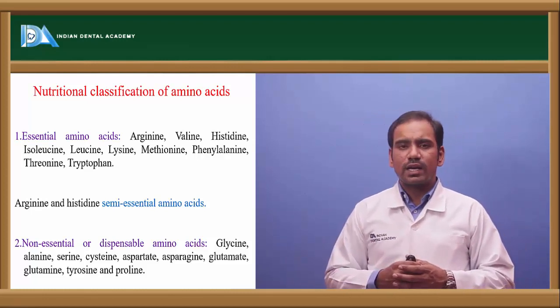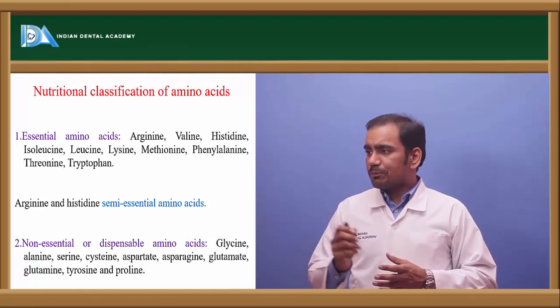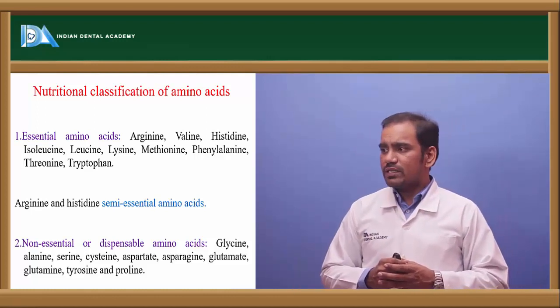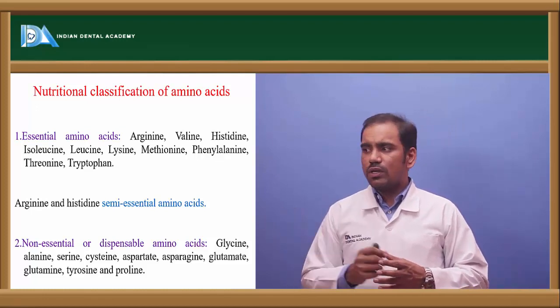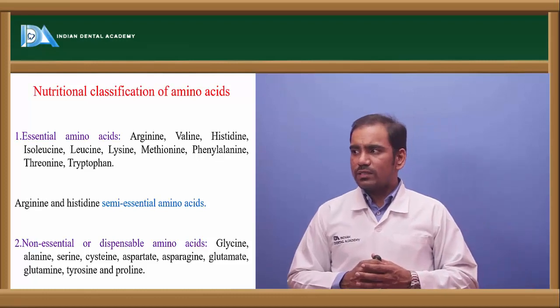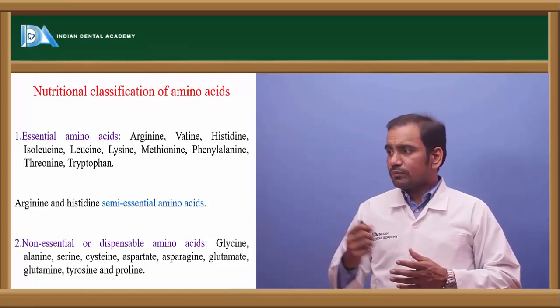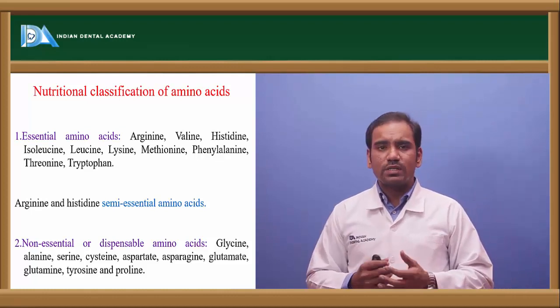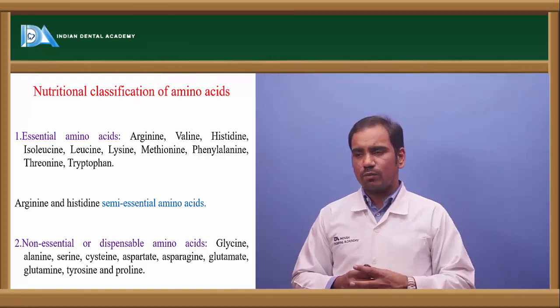Otherwise, they can be synthesized in adults. Because these are required for growing children, we call them semi-essential amino acids. Those are arginine and histidine. So these 10 amino acids, including semi-essential amino acids, are called essential because they cannot be synthesized in our body.